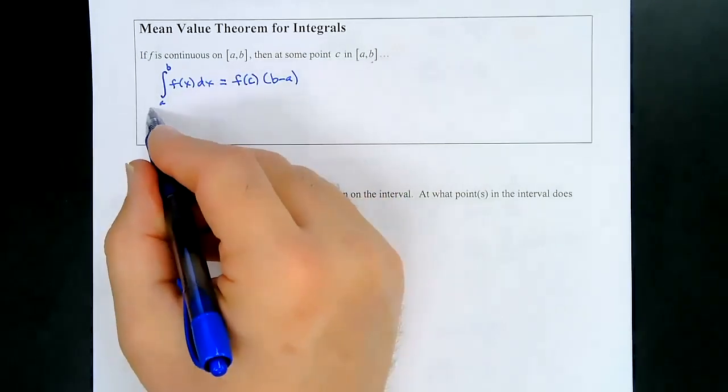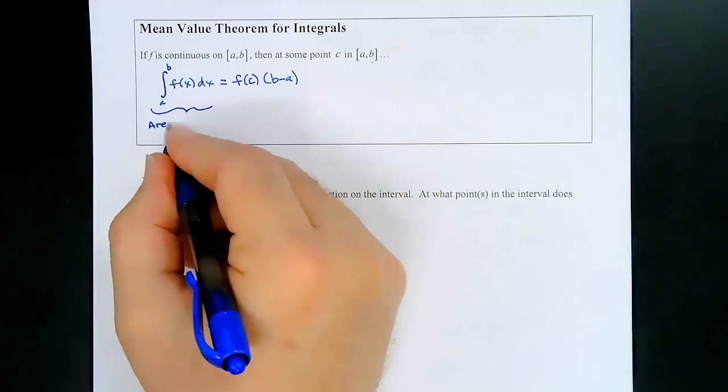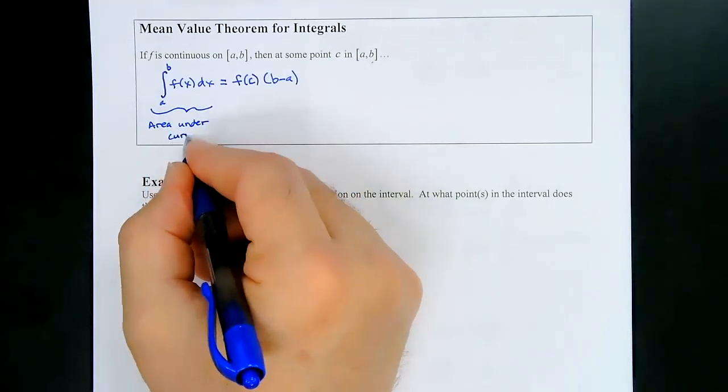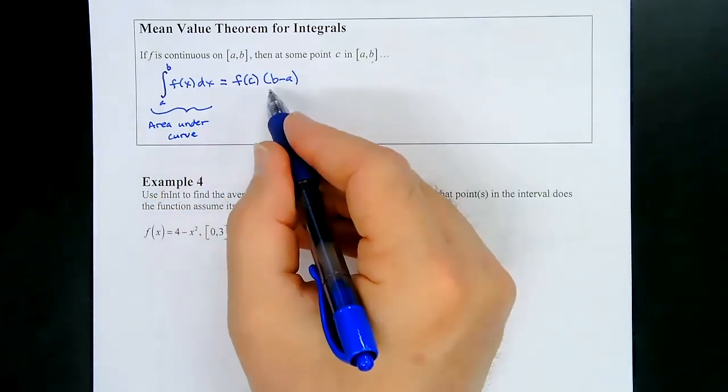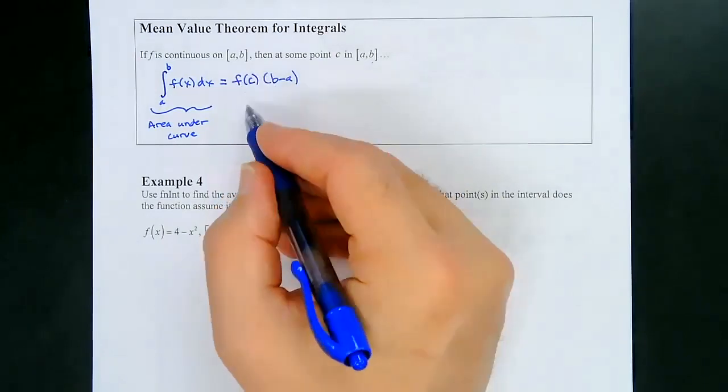So this left side is the area under the curve. This is the area of some rectangle with height f of c.